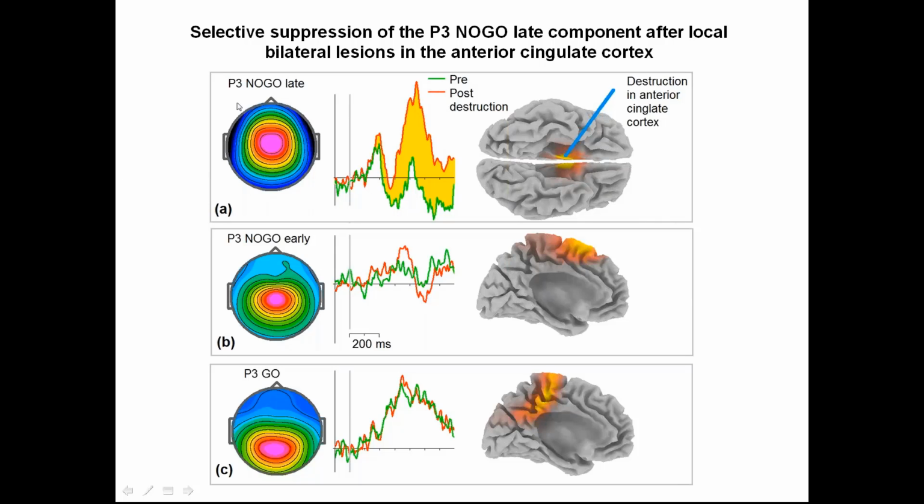These are ERP components, and we were able to show that when you destroy the anterior cingulate cortex, only one component is decreased, and this is exactly the component that is generated in the anterior cingulate cortex, which again proved the importance of separating ERPs into components.